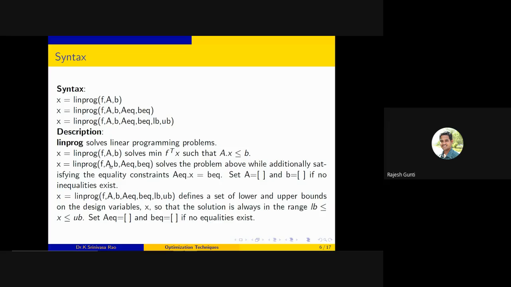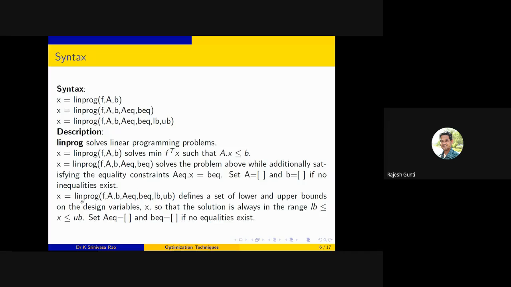linprog(f, A, b, Aeq, beq) solves the problem while additionally satisfying the equality constraints Aeq times x equals beq. Set A empty, b empty if no inequalities exist.